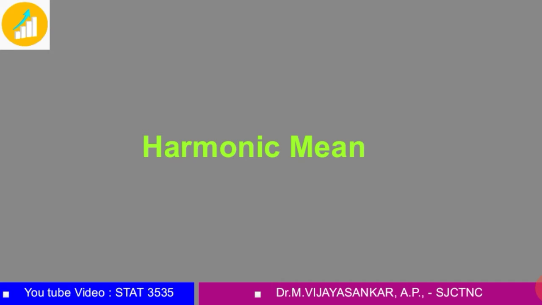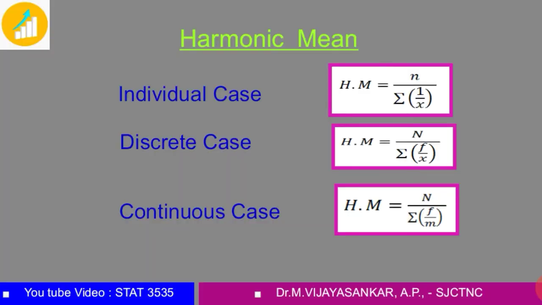Next we are going to discuss how to calculate the harmonic mean for individual case data, discrete case data and continuous case data. Let us discuss now. Here also there are three formulas. Our individual case harmonic mean formula is harmonic mean equal to n divided by summation of 1 by x.